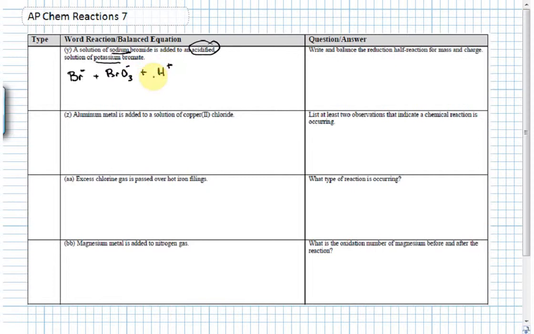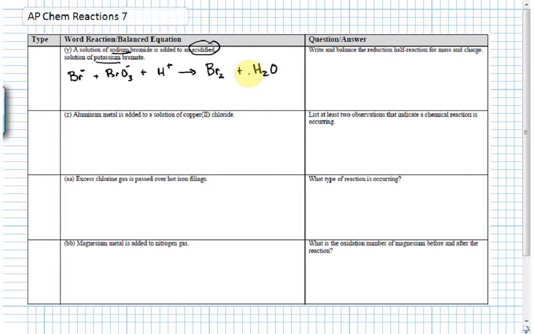So now, bromine, bromide. Bromate is a good oxidizing agent. Bromide gets oxidized to bromine. Okay. And we're going to get also some H2O. Now, this is a redox reaction.